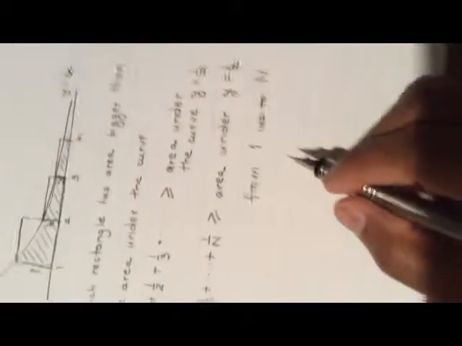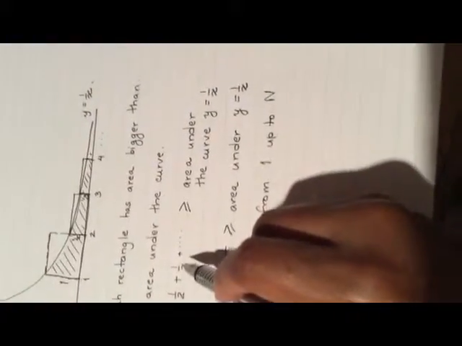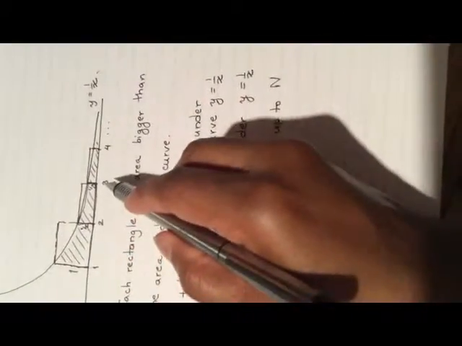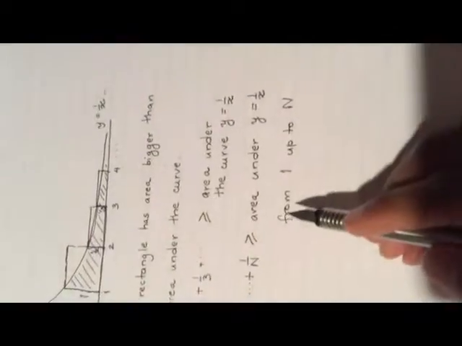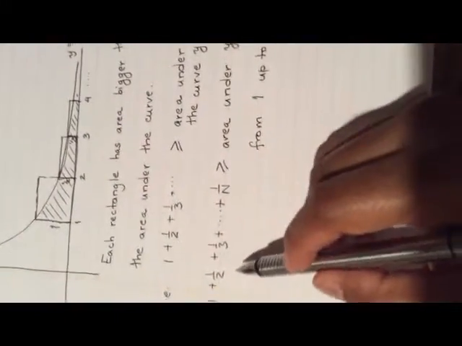So what I wrote down here was where n is equal to 3. 1 plus 1/2 plus 1/3 is bigger than or equal to the area under the curve y equals 1 over x from 1 to 3. Okay, so if I stop at any stage n, this is true.